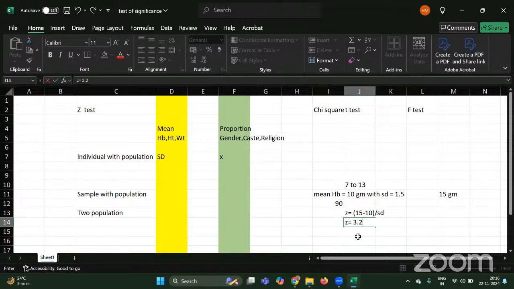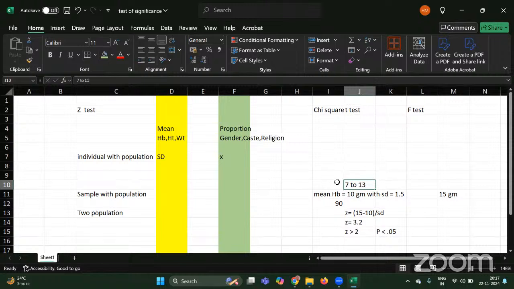So here you can say that Z is more than 2, more than 2 standard deviations away. So the probability that this person belongs to this group is less than 5%, less than 0.05, because 95% belongs to the 7 to 13 range.